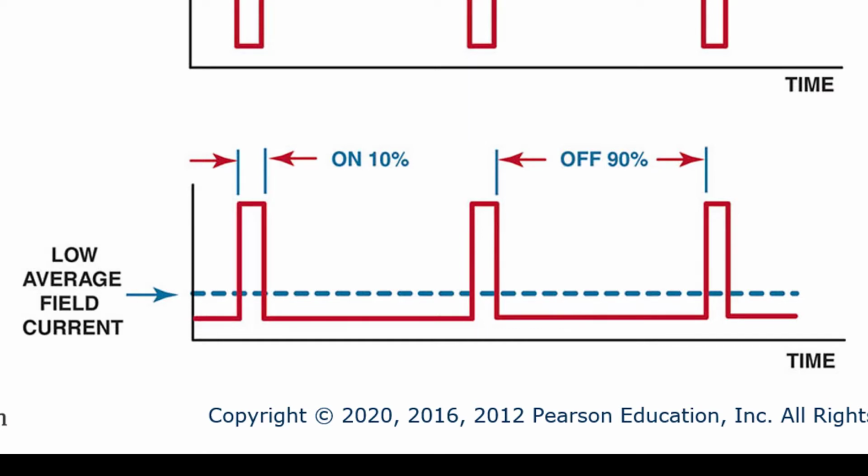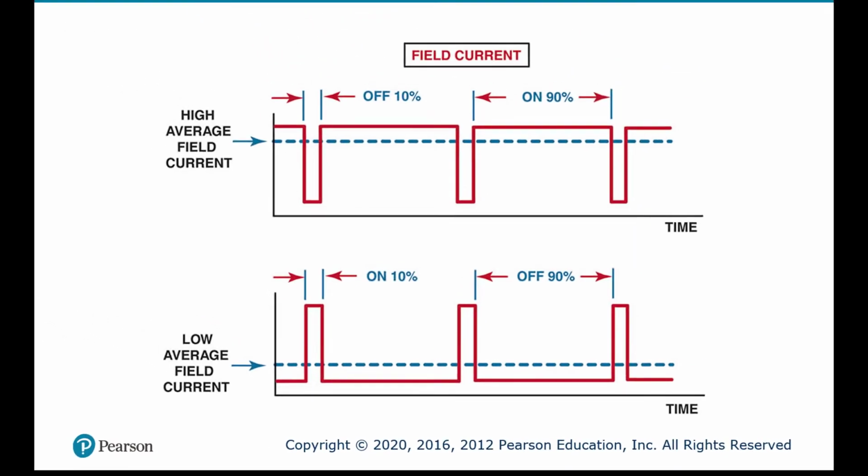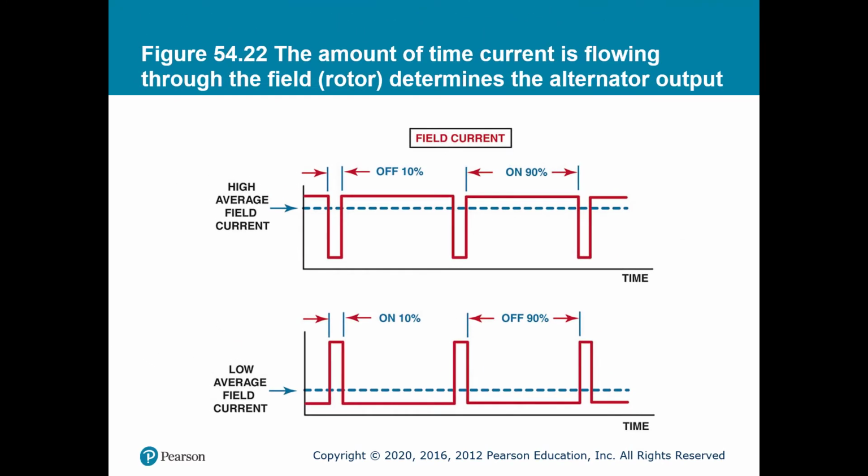Obviously, the one on the bottom is kind of a desired condition, where the alternator or generator isn't running as often as it would need to be, because first off, the driver of the vehicle doesn't have every load on, or the battery's at a full state of charge. So essentially, the duty cycle is lower. But these are the types of things you need to understand before you begin evaluating a charging system circuit. You need to know its strategy or its theory of operation so that you can make an accurate diagnosis.